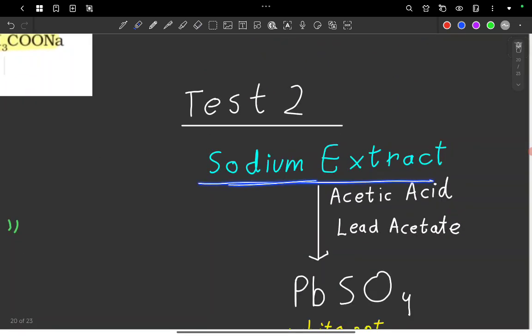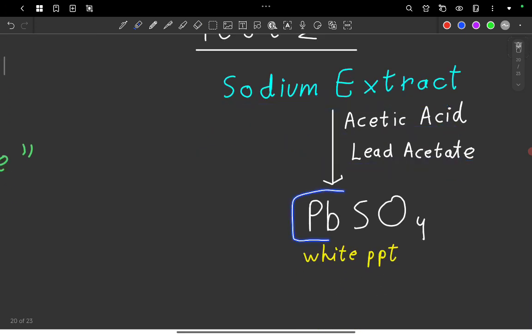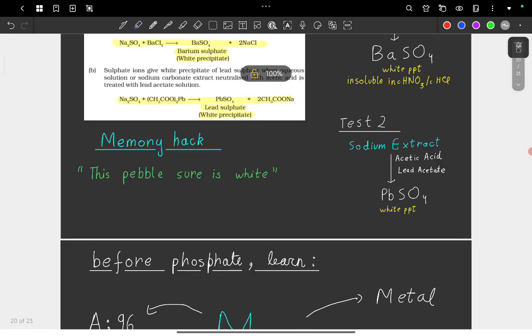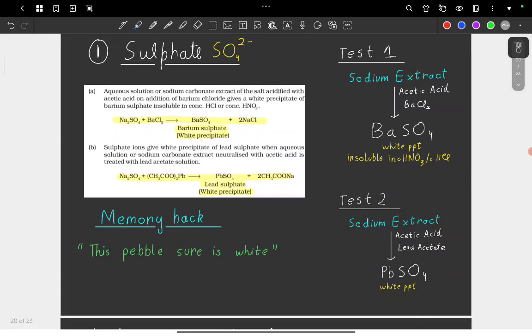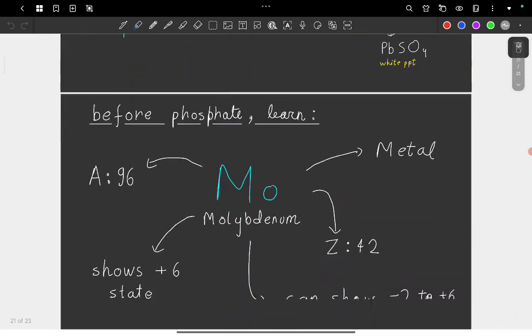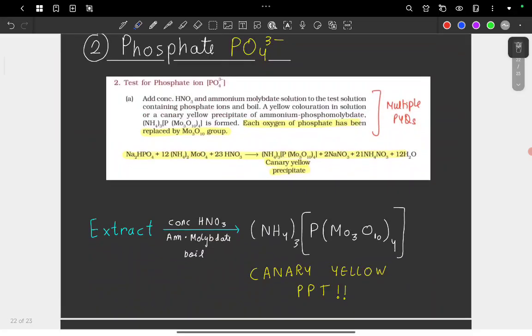And if you bathe the sodium extract in acetic acid again along with lead acetate, it will give you a white precipitate of lead sulfate. That is it, the sulfate ion. And for the phosphate ion, you have to react it with concentrated nitric acid with ammonium molybdate, and you have to boil it, which will give you canary yellow PPT.